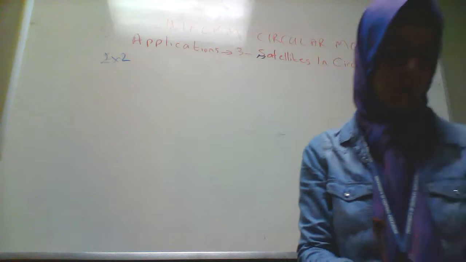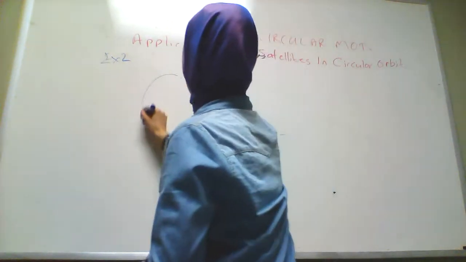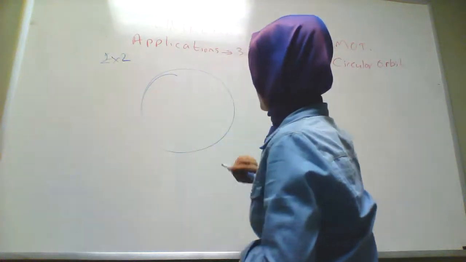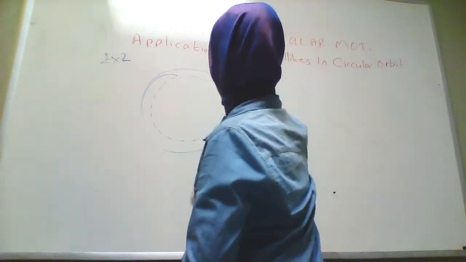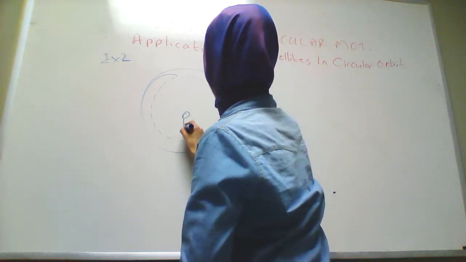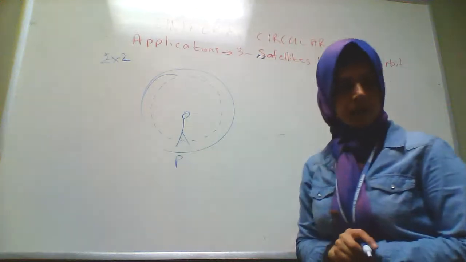This one is asking about speed. We have a similar circular chamber in space. An astronaut is standing in here, called point P.